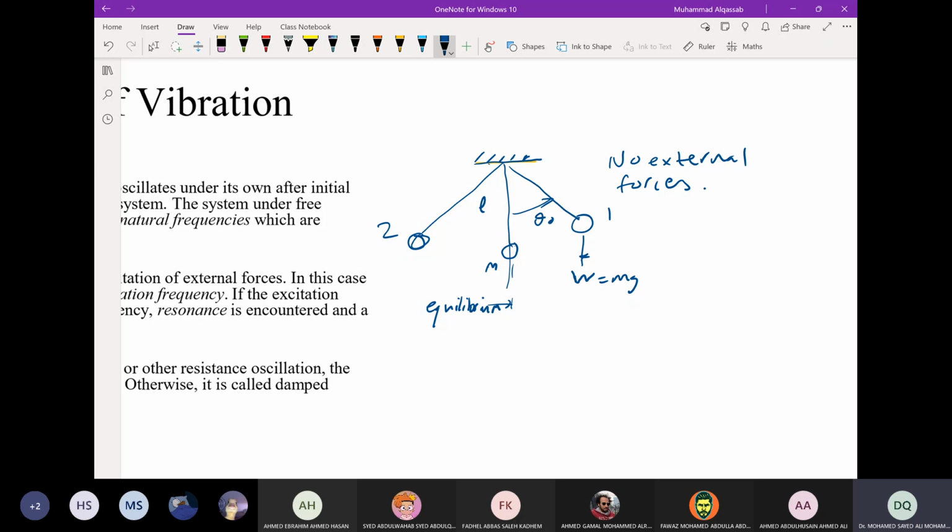Starting with theta 0, it will move this way until it reaches 0, because we are measuring from the equilibrium line, and then move to the next extreme point, which will again be equal to theta 0.